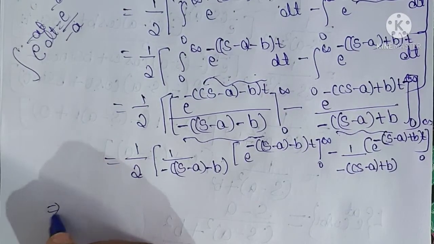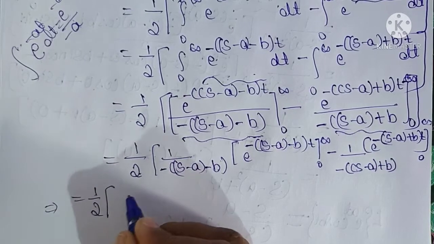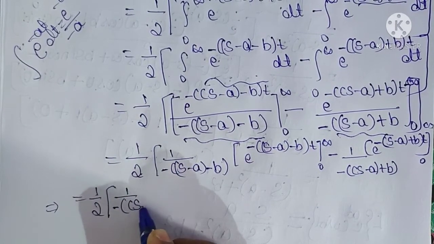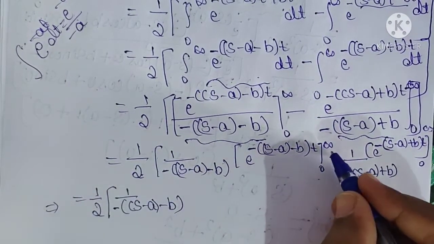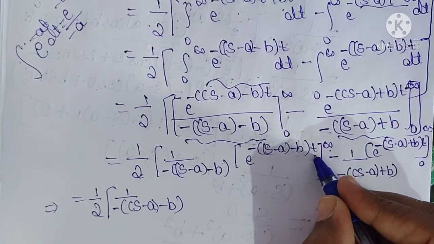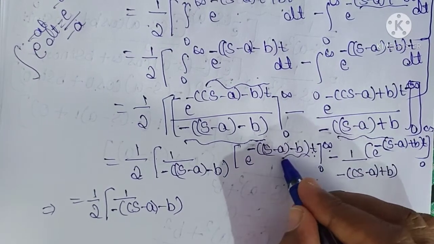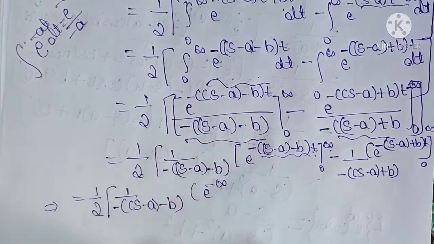This implies 1 by 2 into 1 divided by minus s minus a minus b as it is. See, if you apply limits, upper limit, t tends to infinity, infinity into this entire term is infinity, we will get e power minus infinity.